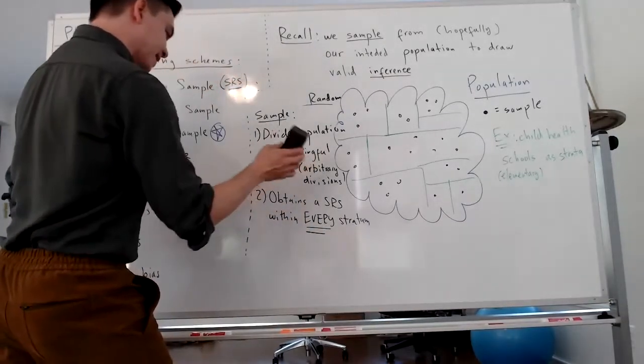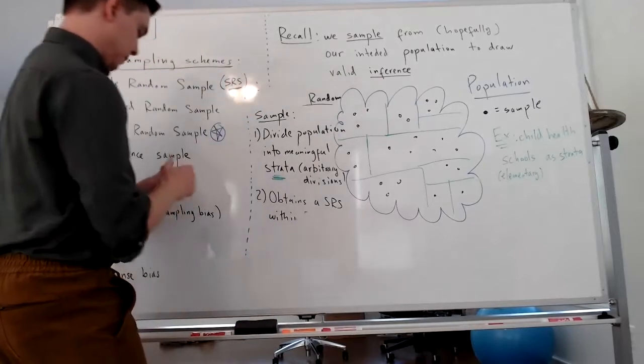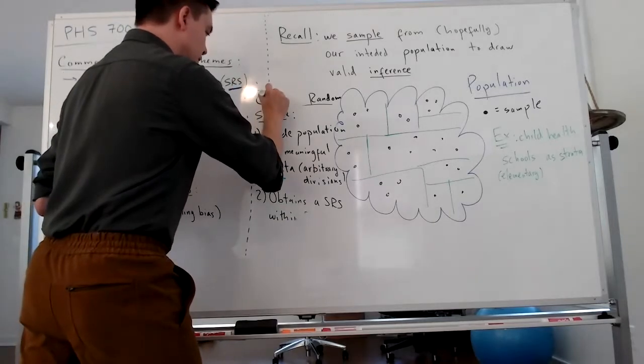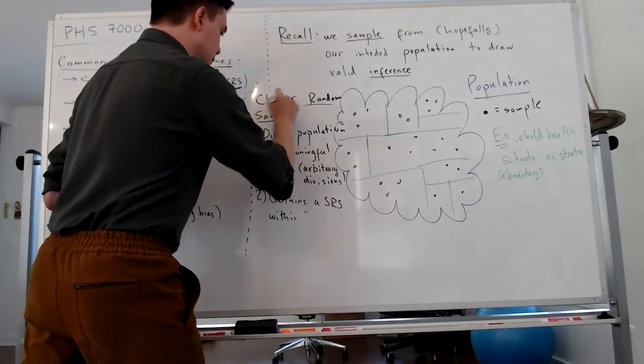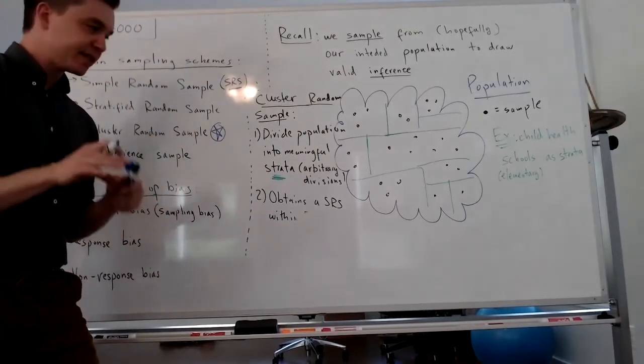But boy, is that expensive. So what a cluster random sample does is designed to sort of mitigate just that.